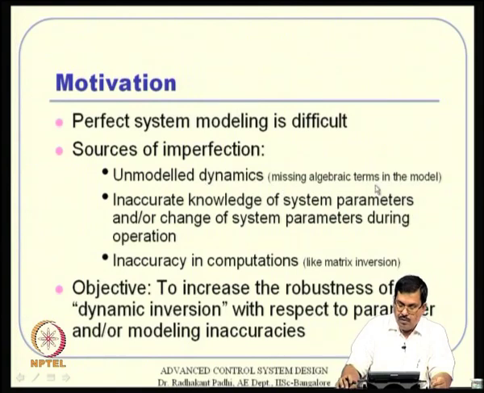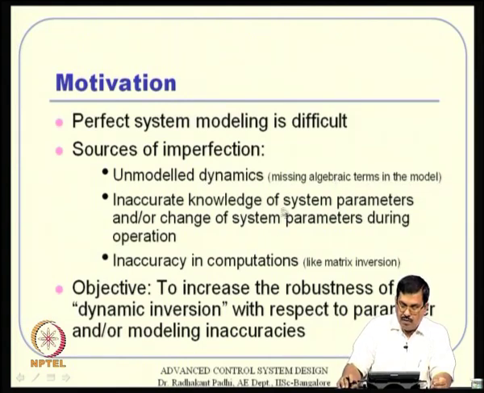For example, the number of states and the state space dimension remain the same, but you intentionally miss some algebraic terms in the model to simplify it, or it is not possible for us to have these algebraic terms.